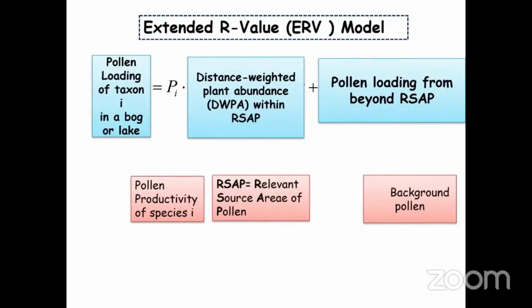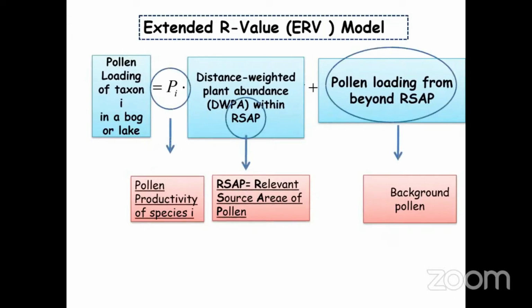So the whole rationale of this extended R-value model is that the pollen loading of a taxa in your sediment record is actually the distance weighted plant abundance within what we call a relevant source area of pollen, which means that you also have a background pollen which can come in because of long distance transport of pollen, and you also have the relevant source area of pollen.